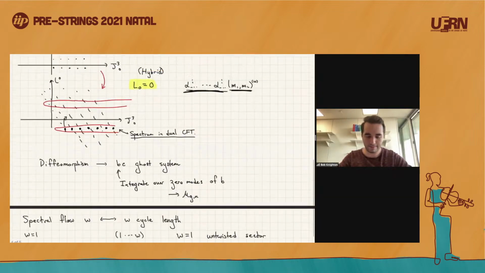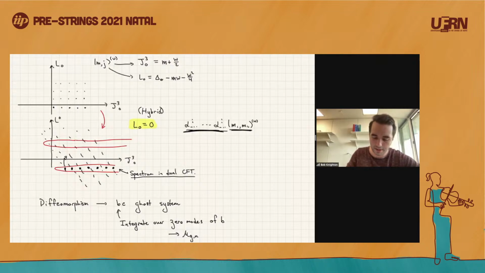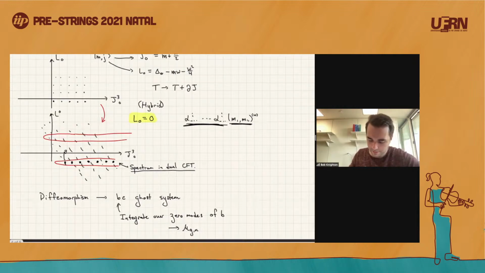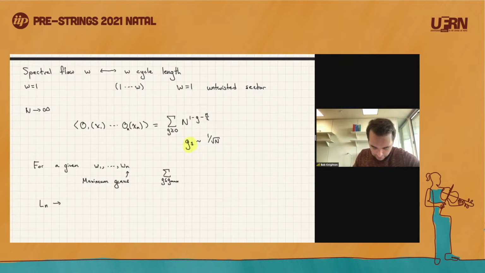So what you're saying is like taking spectral flow here seems to be taking L0 and then adding some J contribution, which looks a lot like a topological twist that people might consider in, say, topological string theory, where you take the stress energy tensor and relate it to the tensor plus del J. And as far as I know, these two have no relationship to each other, other than looking somewhat similar because, if you spectrally flow, L0 goes to L0 minus W J03 minus W squared over 4.